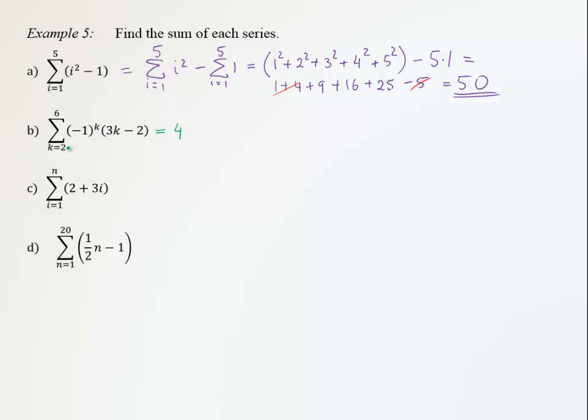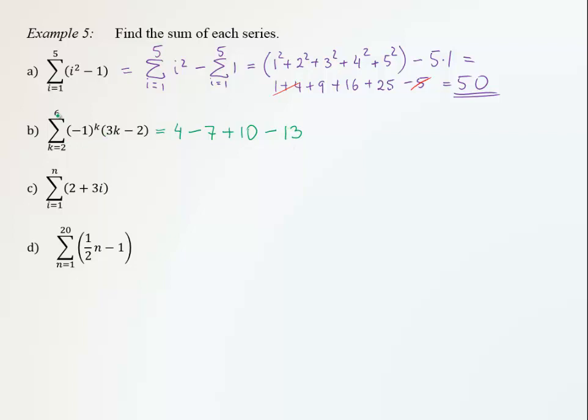If k is 3, then we have a minus, and then 9 minus 2 is 7. If k is 4, then we have a plus again, and then it's 12 minus 2, which is 10. If k is 5, then negative to the 5 is negative. 5 times 3 is 15 minus 2 is 13.